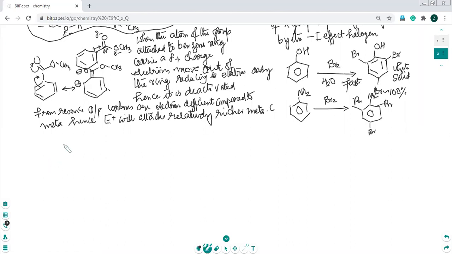Suppose I take benzoic acid, COOH, and react with nitrating mixture, HNO3. Look at this carbon, this is a carbonyl compound, and it is delta positive here, and therefore this will be COOH and NO2 here.